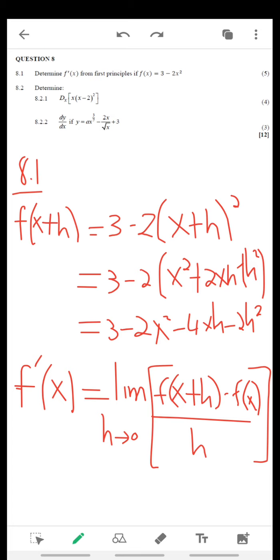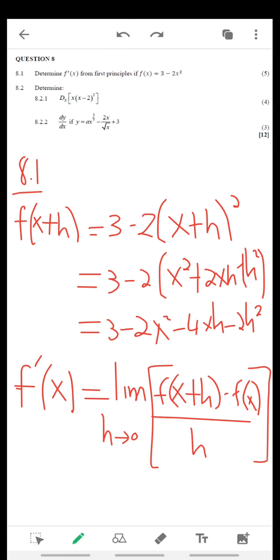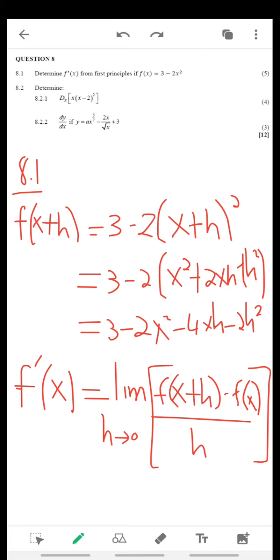Okay, so the first principle, if you remember from revision number 1, this is the formula for first principle. This is the formula which will be given at the back of the exam paper, and you need not memorise it. You just need to know how to use it, and you need to also know that we call it the first principle.